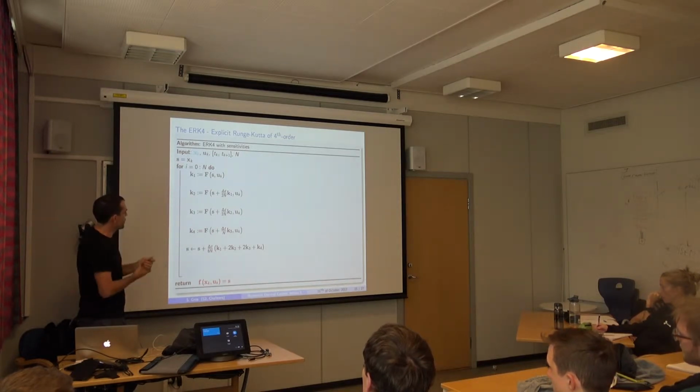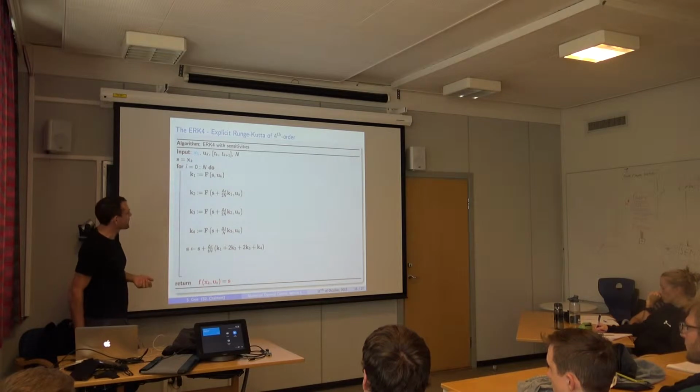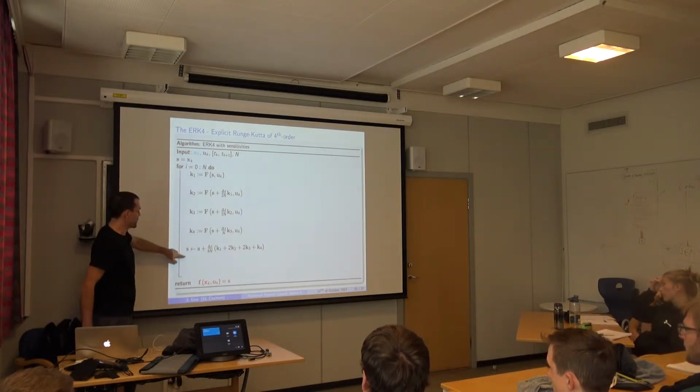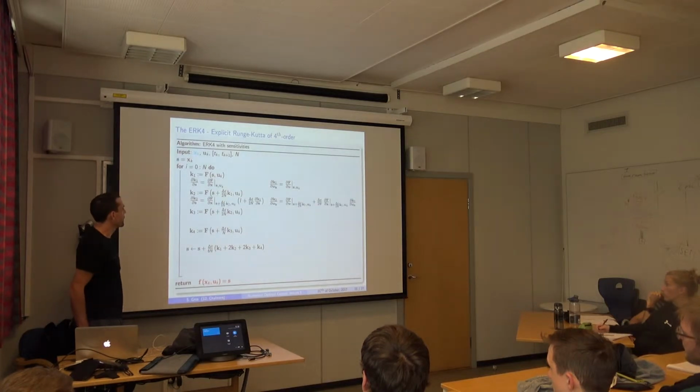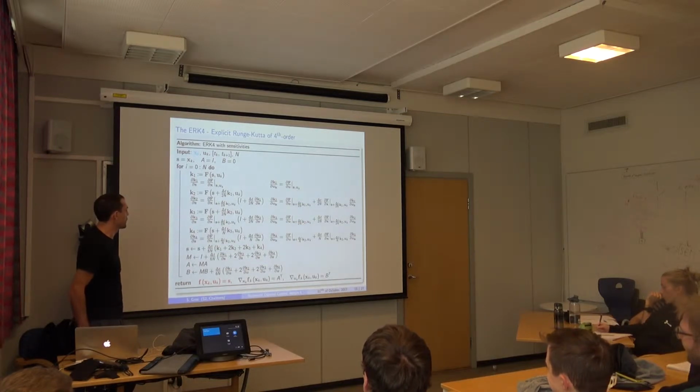We don't need to go through the details, but if you wonder one day how you could code an RK4 with sensitivities, it's exactly the same principle. You just need to apply the chain rule to all the operations in the code and evaluate them. It would look like this. It's a bit barbaric, but it's not that hard to code in the end.